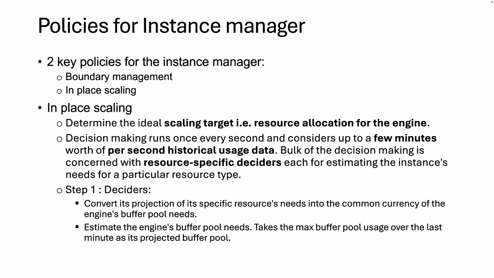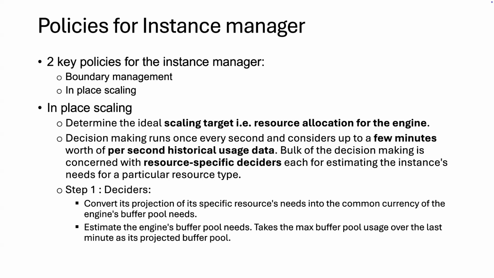For in-place scaling, the goal is to determine the ideal scaling target: what should be the resource allocation for the engine? Currently a loop runs every 1 second and considers up to a few minutes' worth of per-second historical usage data. The bulk of the decision making concerns resource-specific deciders, each estimating the instance needs for a particular resource type.